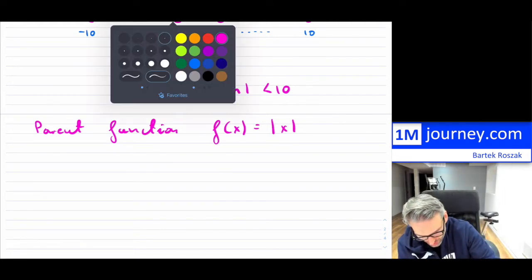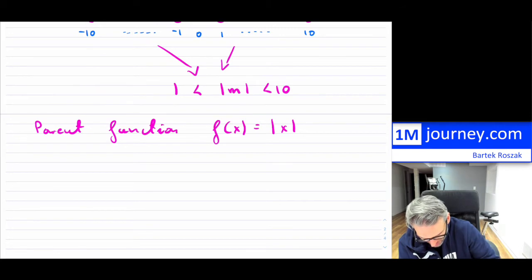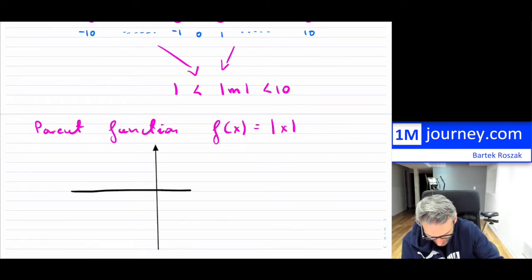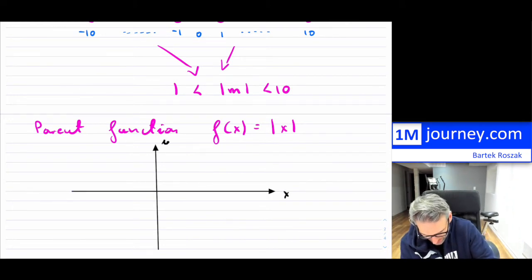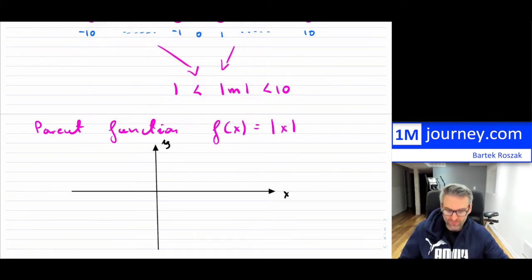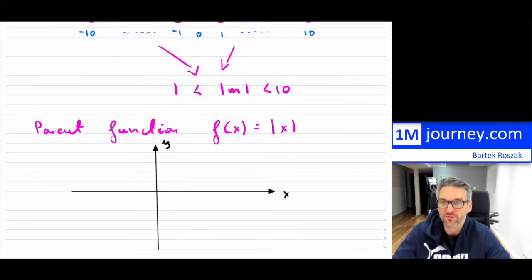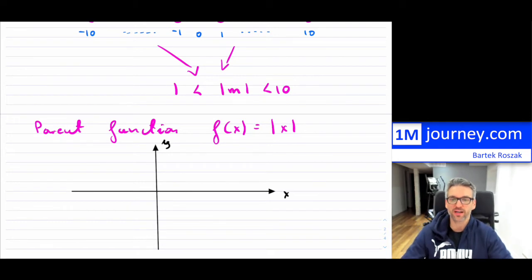So the way that this absolute value looks, if I was drawing it on a number line, say if this is my y and this is my x, you can also put the numerical values in a table of values if you wanted to.